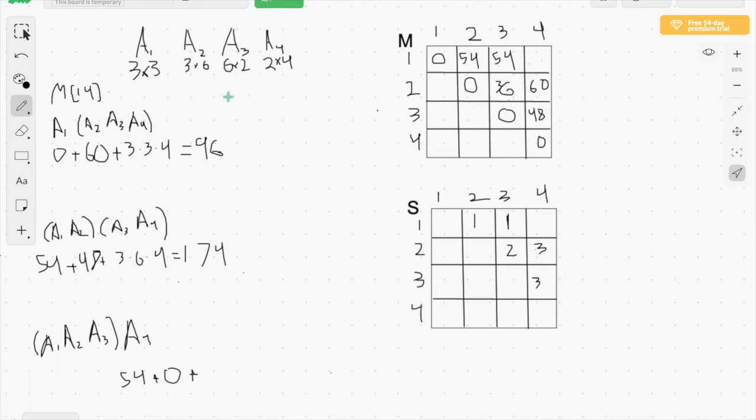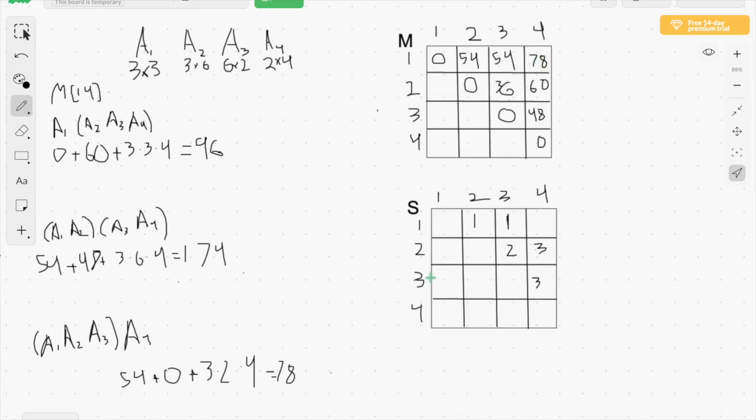So it'll be a 3 by 2 times a 2 by 4. So it'll be 3 times 2 times 4. And that is just equal to 78. Cool. So looking at these three, we can see that 78 is the minimum of these. So we can put 78 in M14.